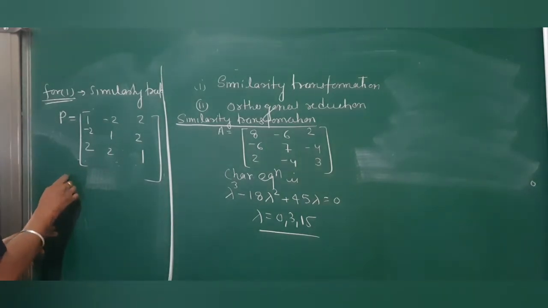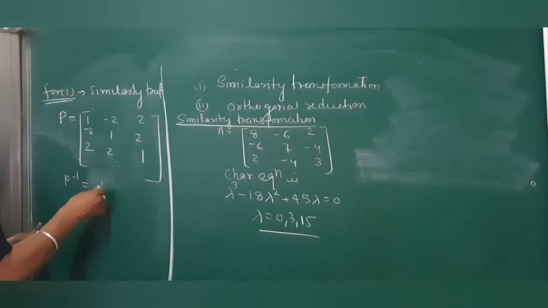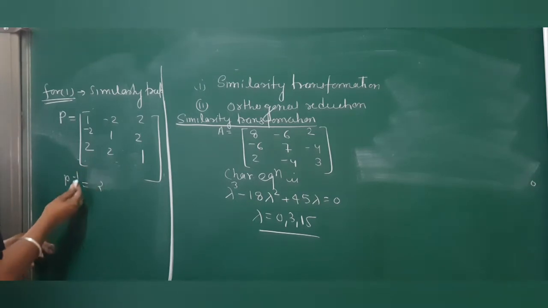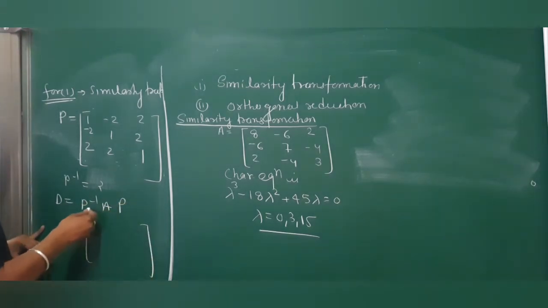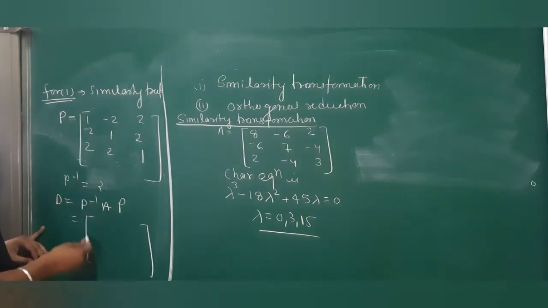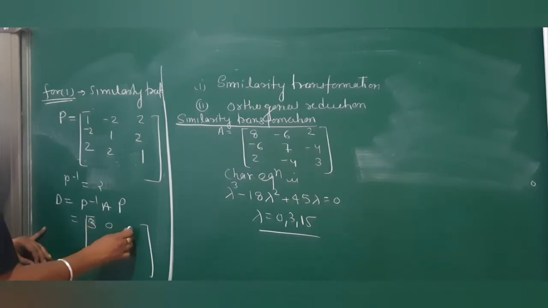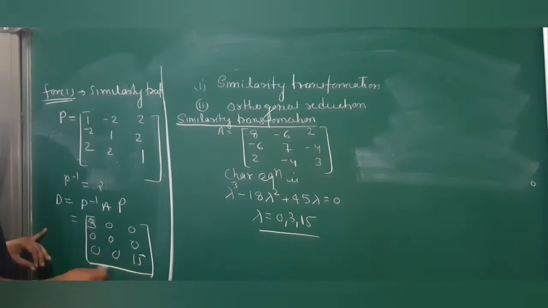So calculate P inverse, which you can calculate for this P. Then what is D? D is P inverse AP, and you put the values of P inverse and A, which always comes 0, 0, or we write 3 here. 3, 0, 0, 0, 0, 0, 0, 0, 15.